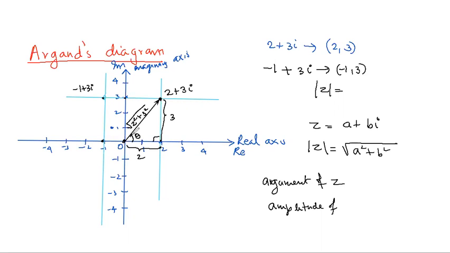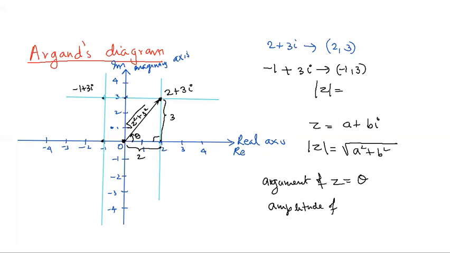Whatever angle is required for rotating from the positive x-axis to reach this point is called the argument of z. All of you have followed? So two things I've taught you: how to plot a point on an Argand diagram, how to see the modulus of a complex number, and how to visualize the argument of a complex number. Is that clear to you? Yes, sir.